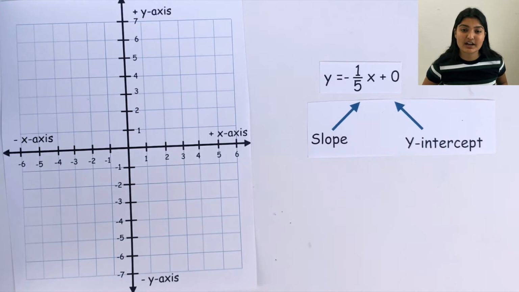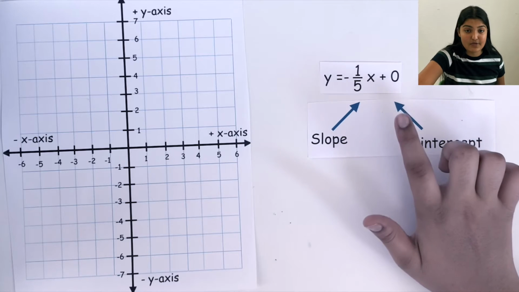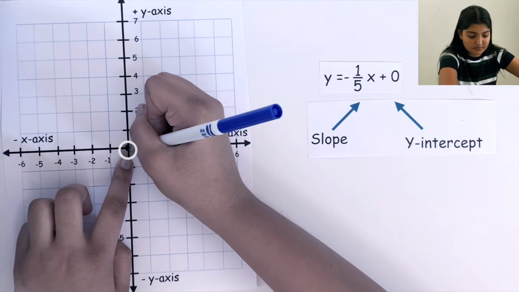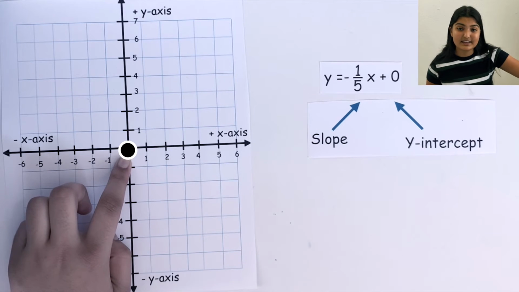So let's start by plotting the y-intercept, which is at 0 on the y-axis. Here is the y-intercept, which, as you can see, is at the origin.